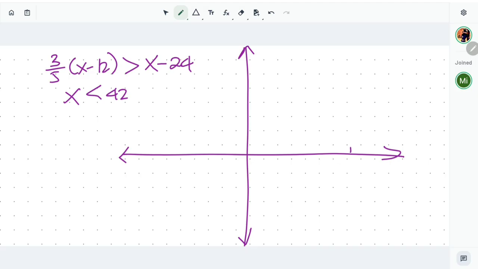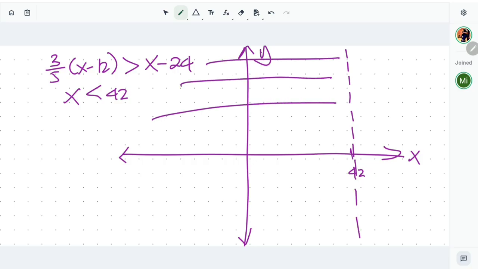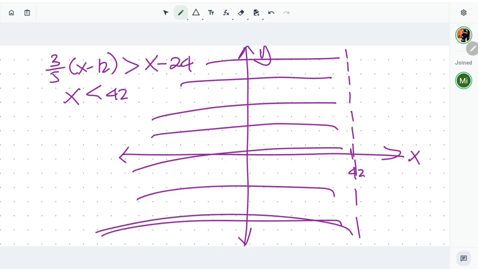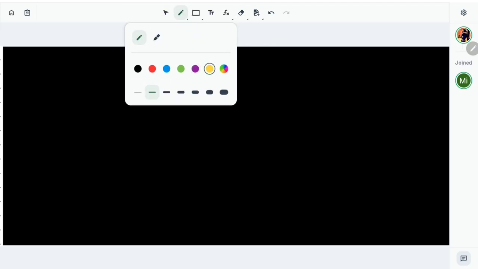If this is 42, all of the values less than 42, and 42 is not included, you draw a dashed, broken line, and shade this side, less than 42.